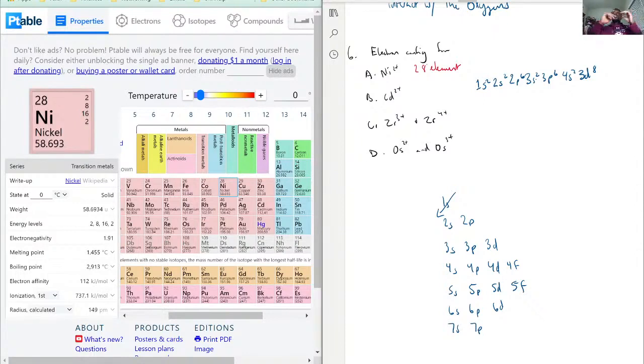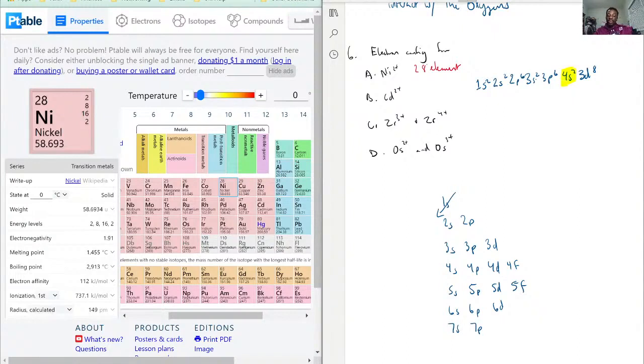But in order to find the electron configuration for nickel 2+, we have to get rid of 2 electrons. Personally, I would propose to get rid of the electrons in the most outer shell, which in this case would be the highest coefficient, the 4s.